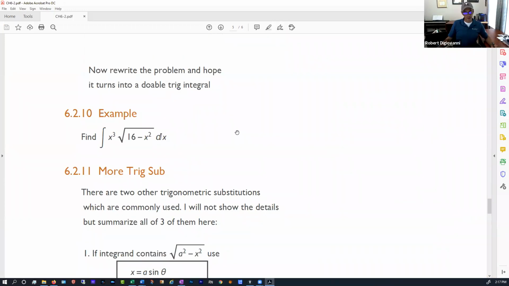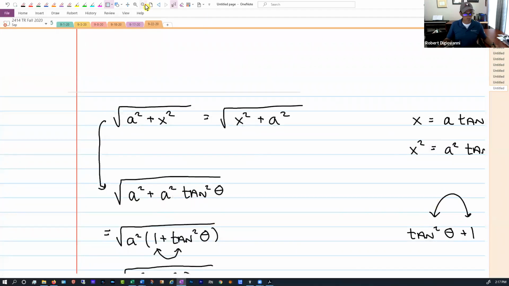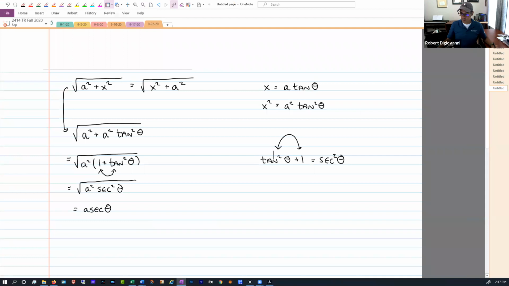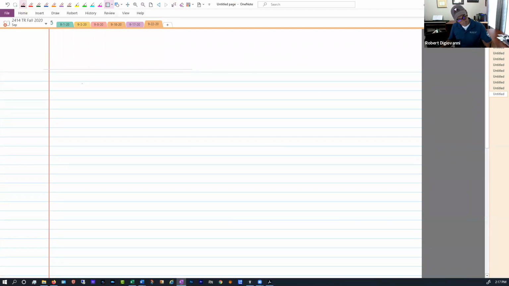We're going to do that one: x cubed over the square root of 16 minus x squared. So you're sitting here looking at this, and maybe you're thinking basic u-sub, because you see an x cubed, the derivative of which is x squared. You've got an x squared. Oh wait, it's trapped under the root. You can't do that, right?